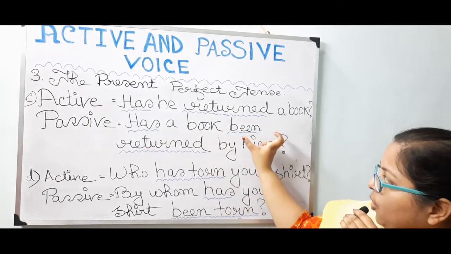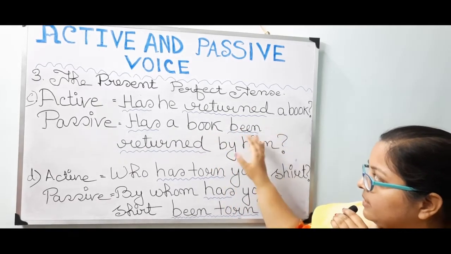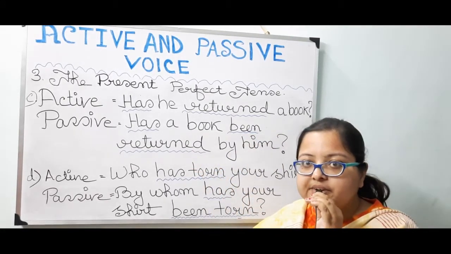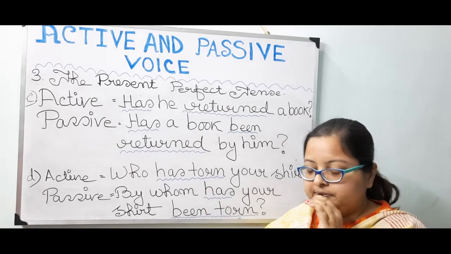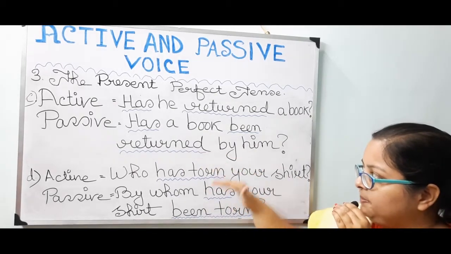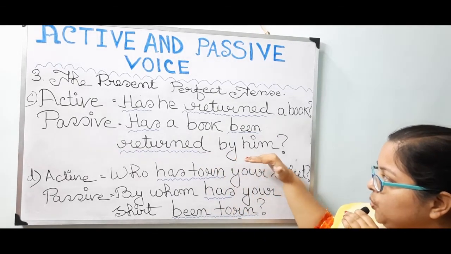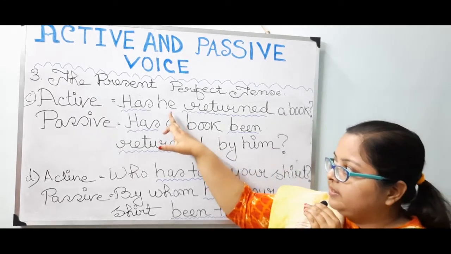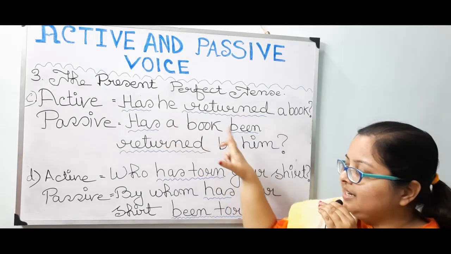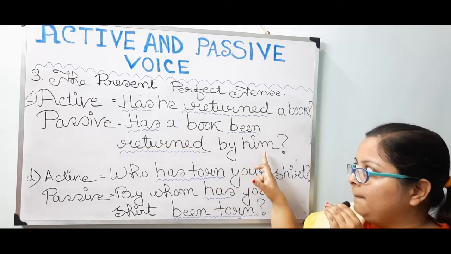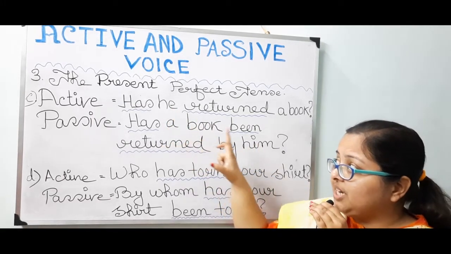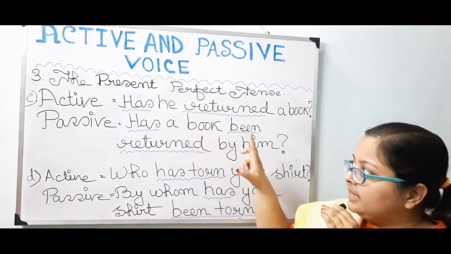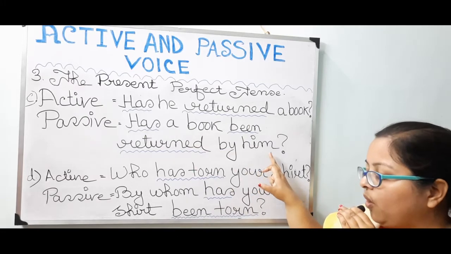Then according to the format, we have to put been, okay, over here. Then third form of the word return, that is returned, has been put over here. Then according to the rule, by, okay. Then he, the subject of the active voice, is turning into the object of the passive voice, and when it is getting changed into the object of the passive voice from he, it is turning into the word him.